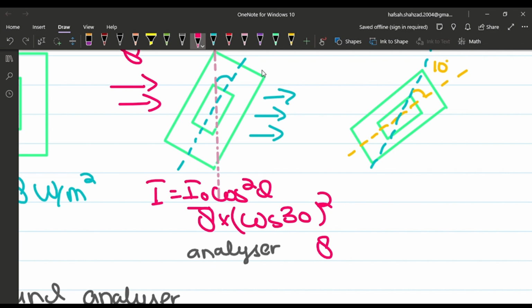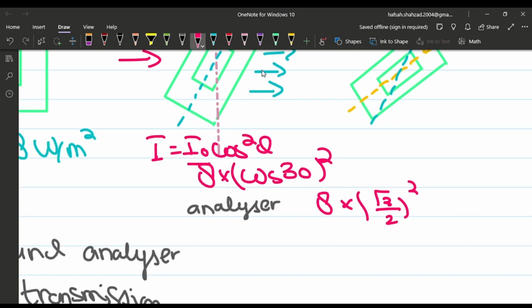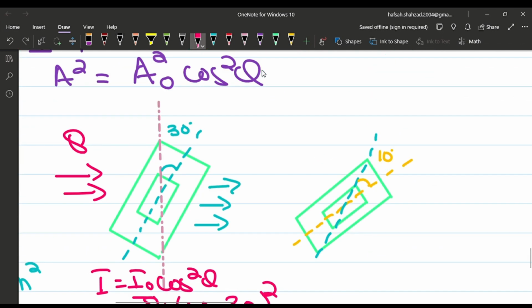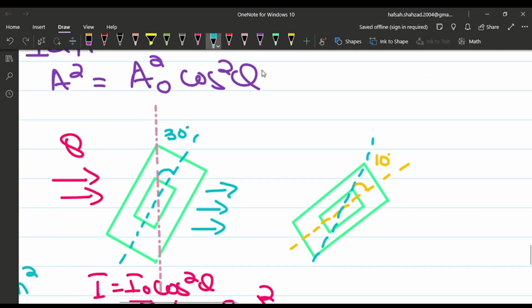Cos 30 is root 3 over 2. So root 3 over 2 squared, that's 8 into 3 over 4, so that's 6. 6 is the intensity of the light that is coming from the analyzer, right? This light over here has an intensity of 6.